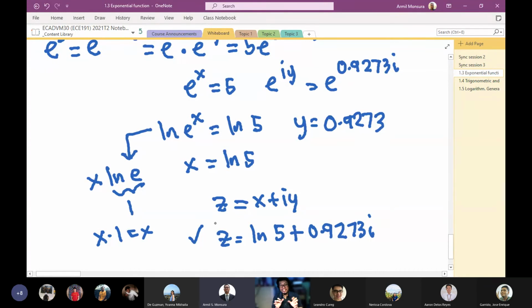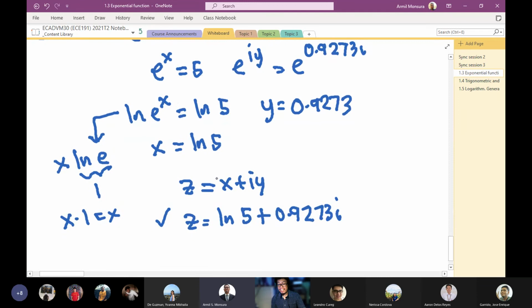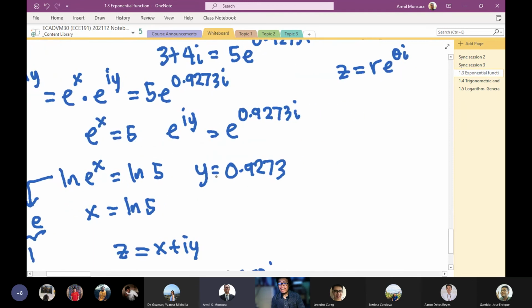Okay. But wait, there's more. May isang konting twist dito. Remember that, since you have written this complex number in exponential form, y here is actually periodic.